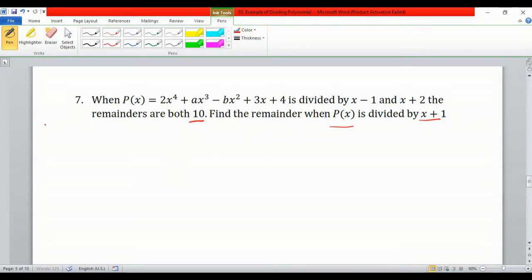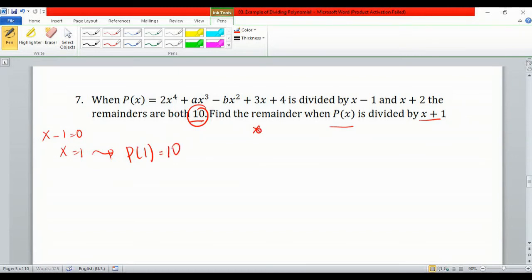So from here, we already know if the divisor is x minus 1 equals 0, we can say x equals 1. So we can write P(1), because here the remainder is different from the previous one. In the previous one, it was a factor, so the meaning was equal to 0. But here they have a remainder, so that means the remainder equals 10.